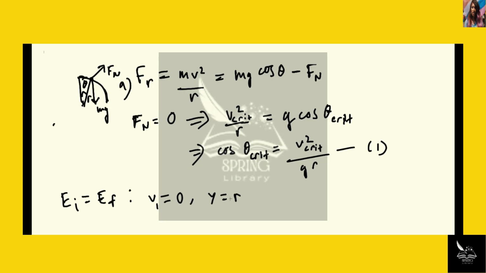With y increasing downwards, y is negative r times 1 minus cosine theta. This is from simple trigonometry. And so y1 is negative r times 1 minus cosine 0. What is cosine 0? It's 1. So y1 is 0. So initially, you have no kinetic energy and no potential energy.